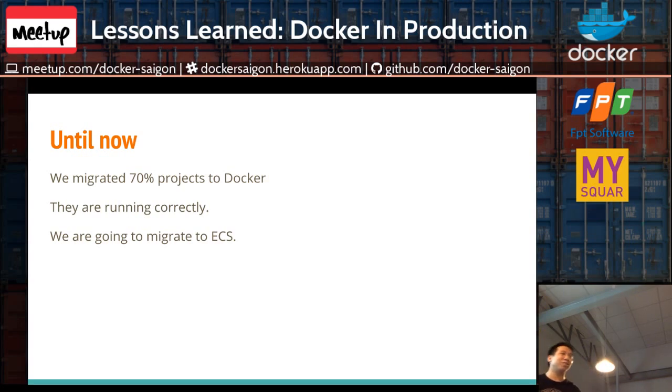With the scaling of AWS, if we scale, we must write some metadata and pull the new image to the instance and start the new container, and return it to the ELB. It is not a good way to go.